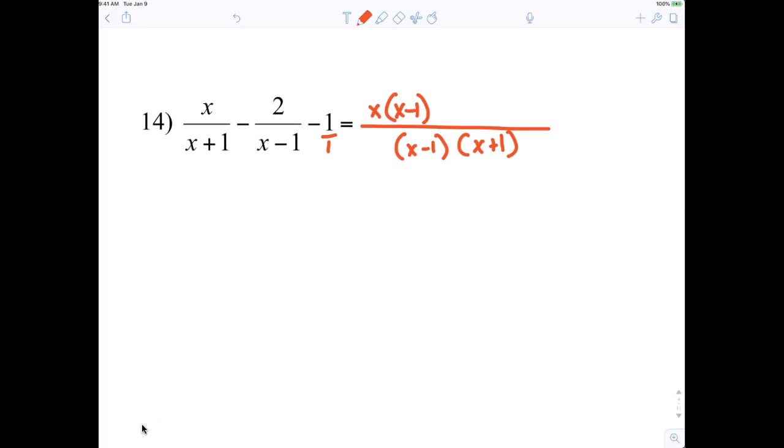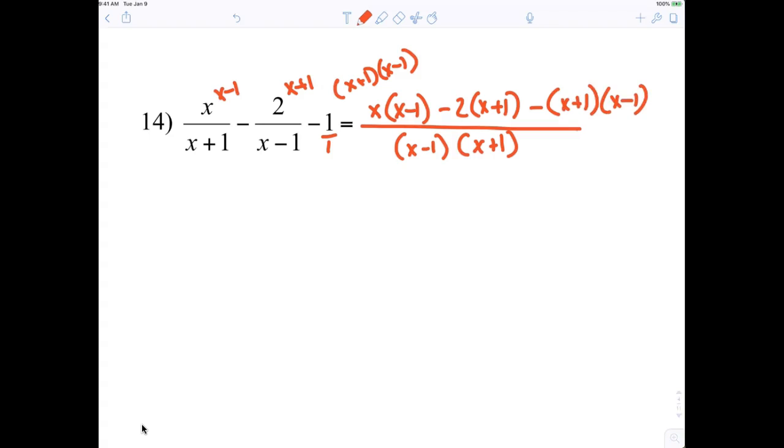Tell me what to multiply the next one by. x plus 1. And then what do I multiply the last one by? x plus 1, x minus 1. Very good. That's exactly what I want to hear. Now, I don't want to do all the work in my head. So after you say that, I would like for you just to write it out. Now you gotta let me know if you have an issue with that.